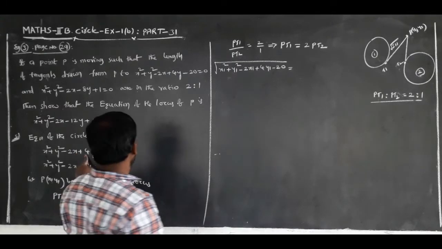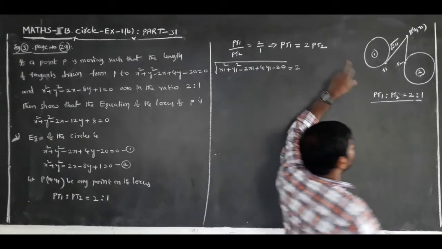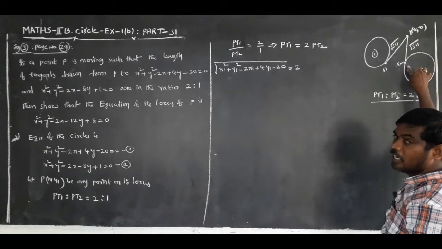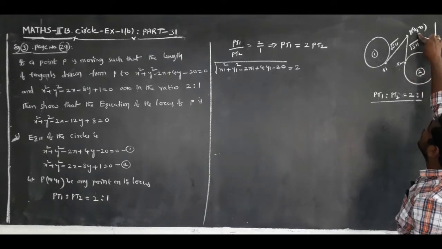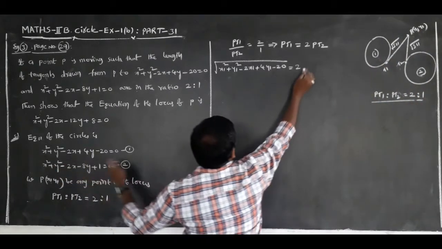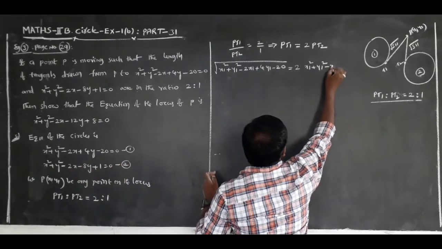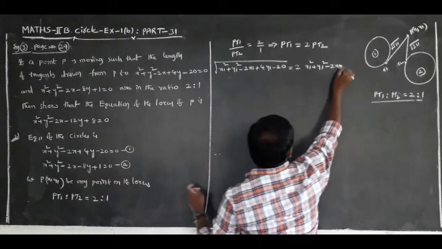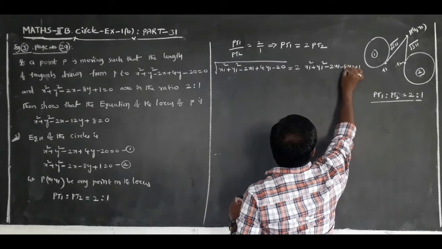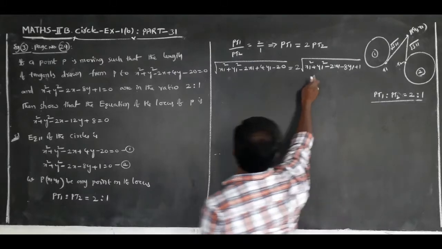Length of the tangent is equal to 2 into PT2, the length of the tangent from P to the second circle. Substitute x1, y1 on the second circle: x1 square plus y1 square minus 2x1 minus 8y1 plus 1. This is the PT2 value.